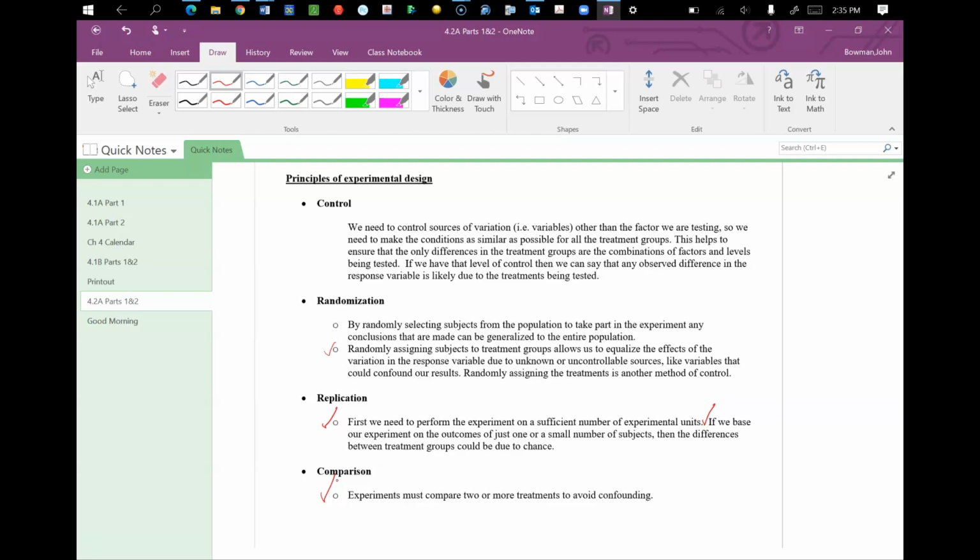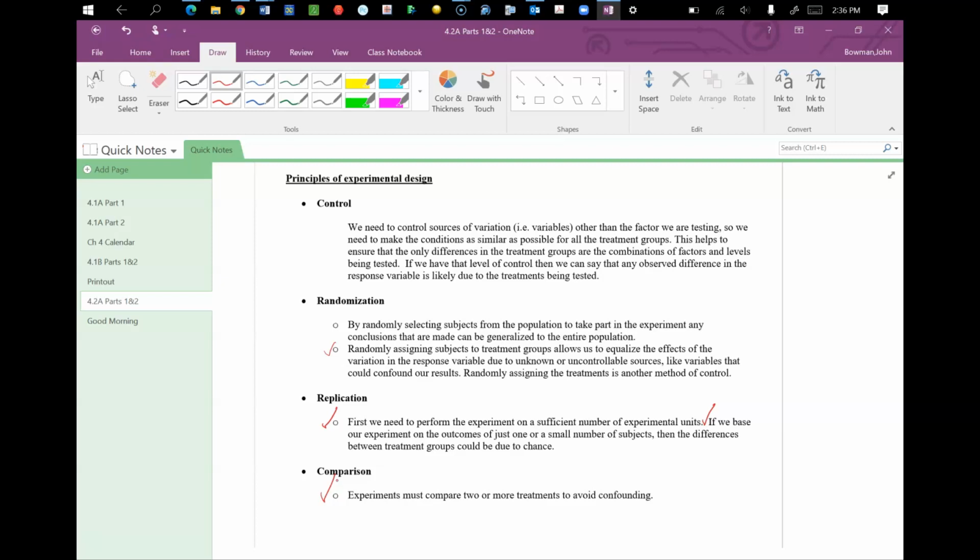So a proper way to do that experiment would be to have volunteers take part in this experiment or randomly select subjects, which ethically we couldn't do, and randomly assign them to the yoga treatment group and another treatment group.